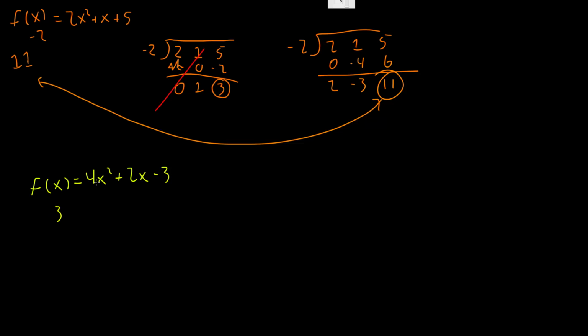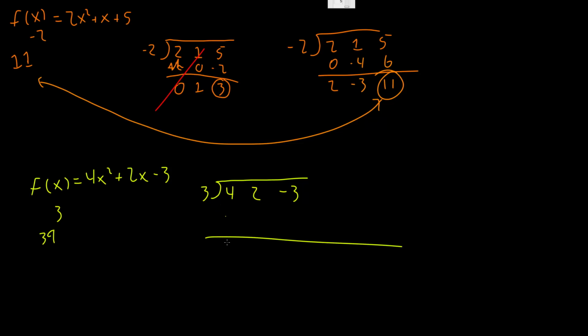So what have we got? 9 times 4, we've got 36, 36 plus 6 is 42, minus 3 is 39, if I did that right in my head. So we've got a 3 that we're dividing by, and our coefficients are 4 for the x squared term, 2 for the x term, and -3 for the constant.